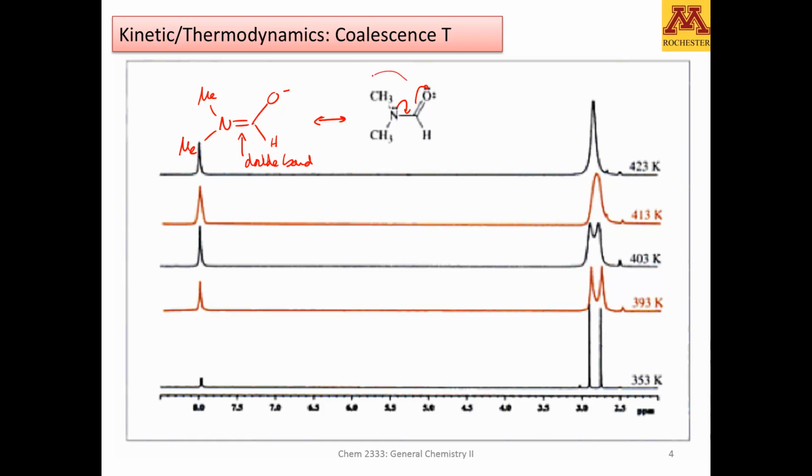The NMR of this amide molecule shows two different signals at low temperature for these two methyl groups. However, it shows one single signal at high temperature. How can one explain this apparent difference between temperatures?